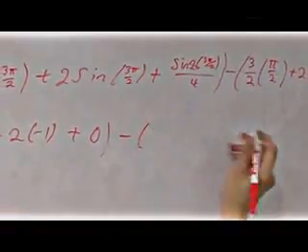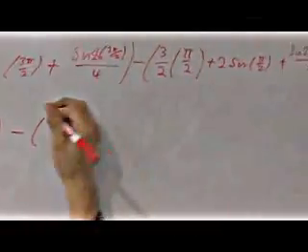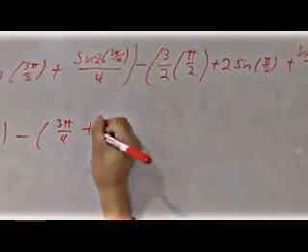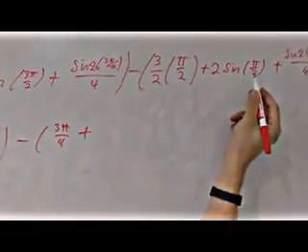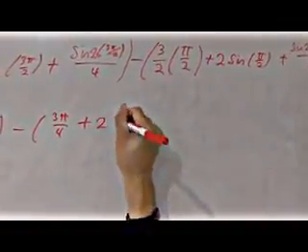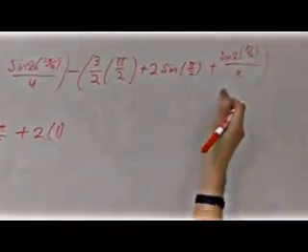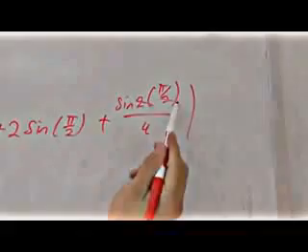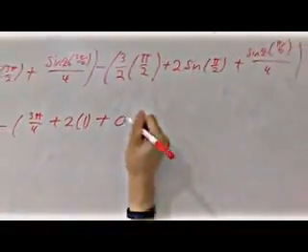And you're going to subtract the lower limit. Now it's going to be 3 pi over 4 plus sine of pi over 2 is 1, so it's going to be 2 times 1, plus sine of pi, which is just 0 as well.